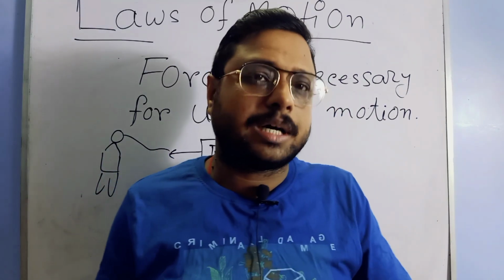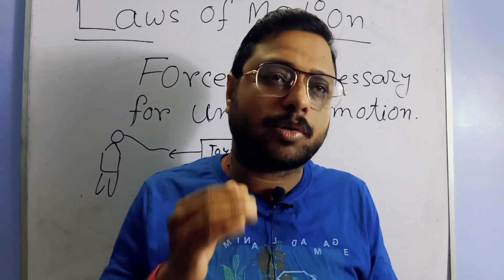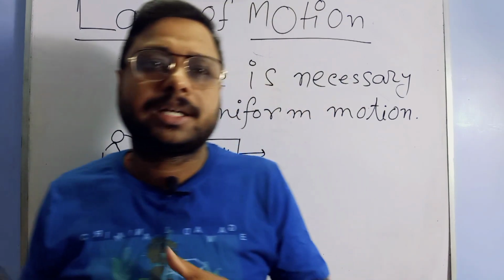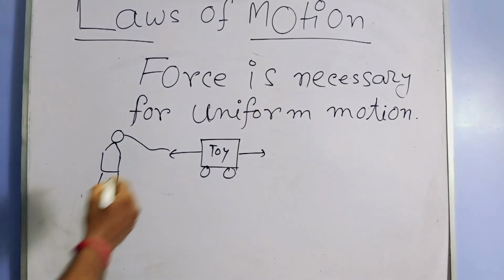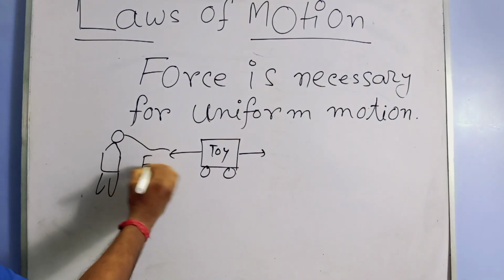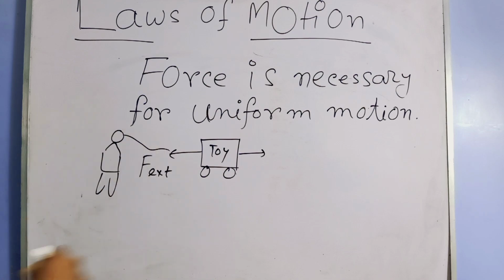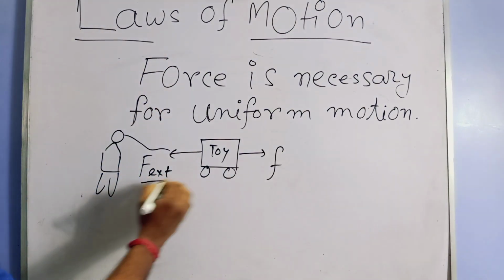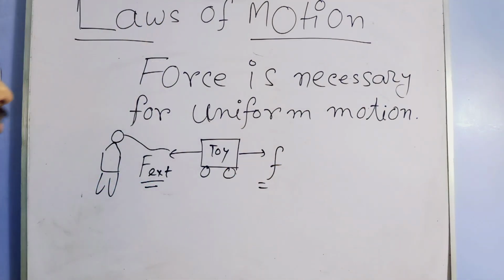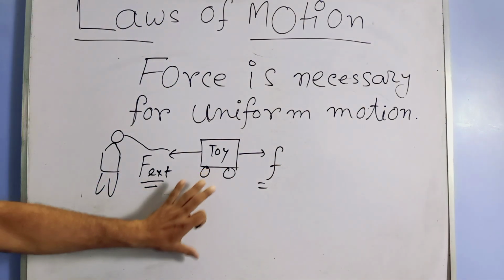We know the property of friction is that it always acts opposite to the applied force. So if the boy exerts an external force F external and the force of friction is f, then F external must be greater than f to move the toy uniformly.